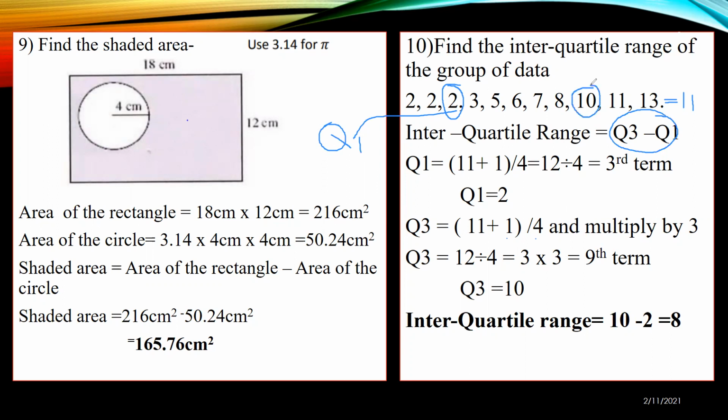So this will be my Q3. Okay, now we found Q1 and Q3. Now we know the interquartile range means Q3 minus Q1. So according to this set of data, you have to do 10 minus 2, which is 8. So that is how we find this.